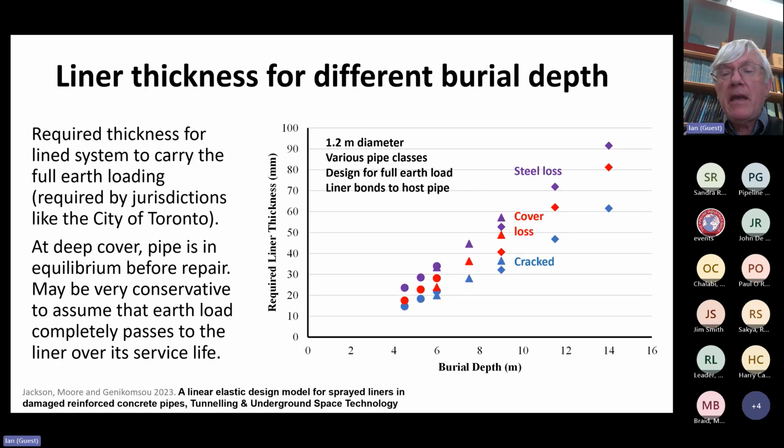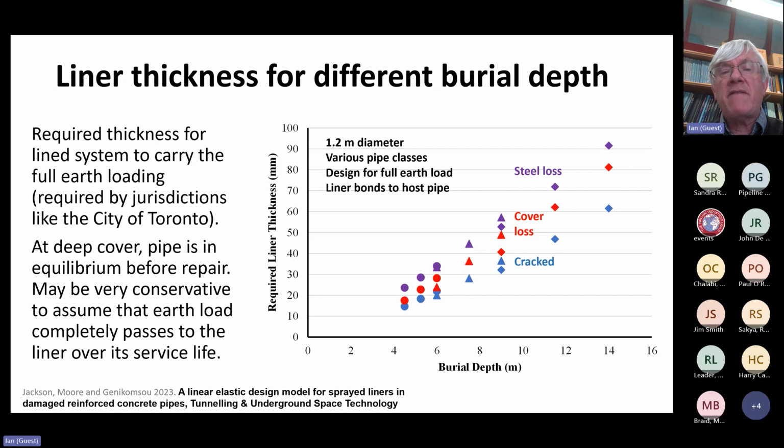And we can also relate that to burial depth. Let's say we're just concerned about earth load moment. One of the jurisdictions, or in fact the jurisdiction that prompted the development of this work, is the City of Toronto. The City of Toronto believe that their structures need to be designed for the full earth load moment demand.